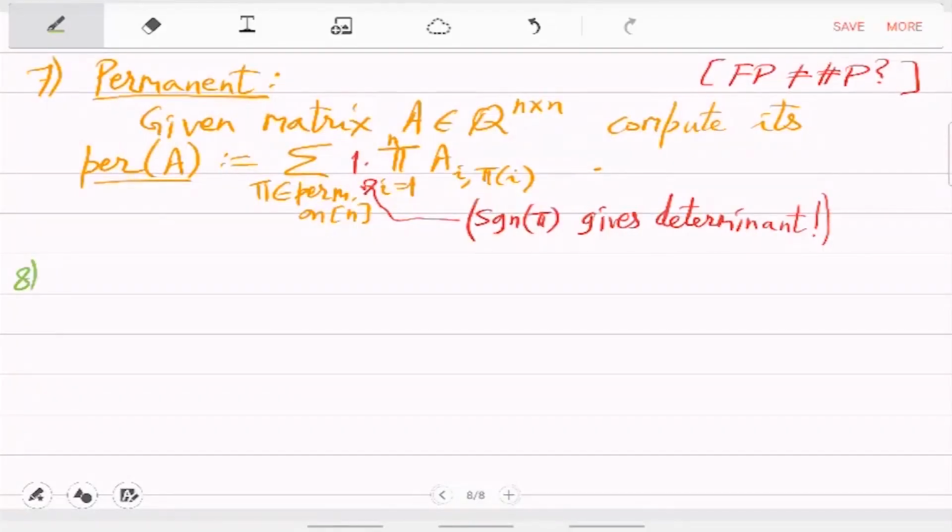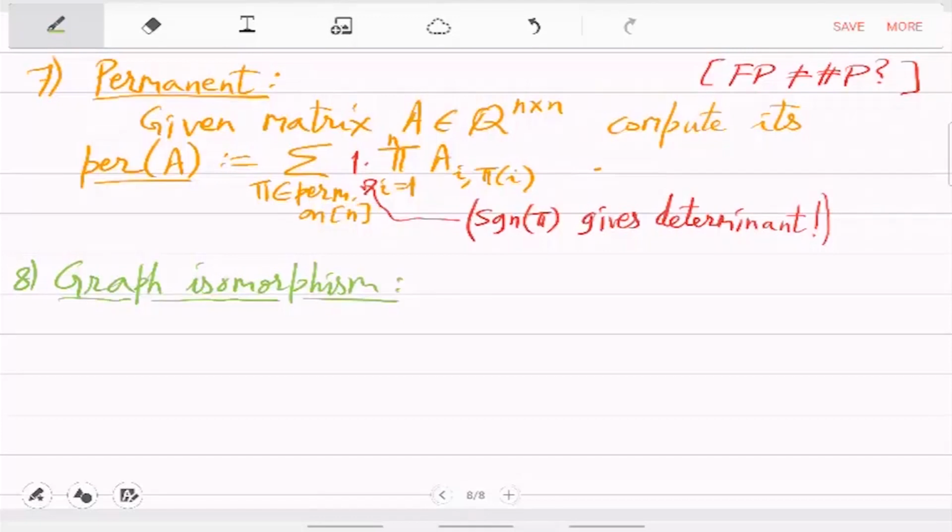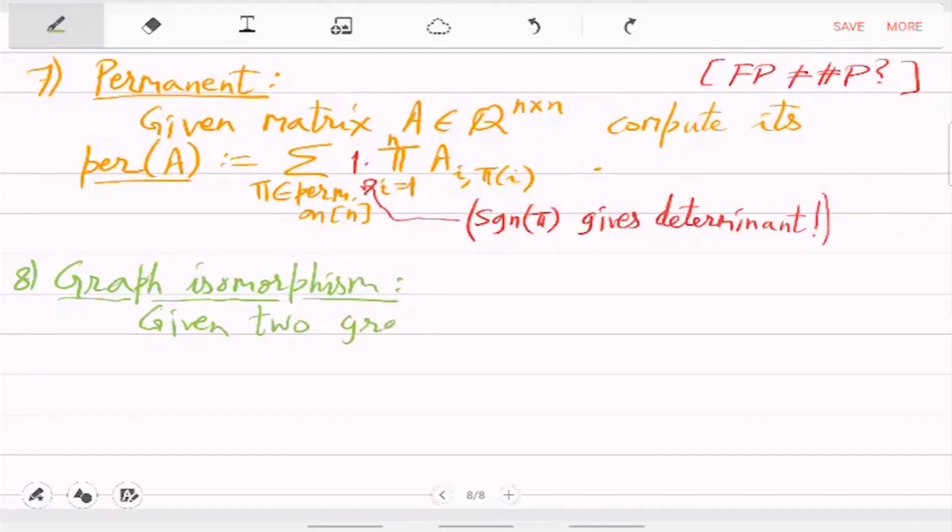Okay, next is graph isomorphism. So given two graphs, G1, G2, decide whether they are isomorphic.